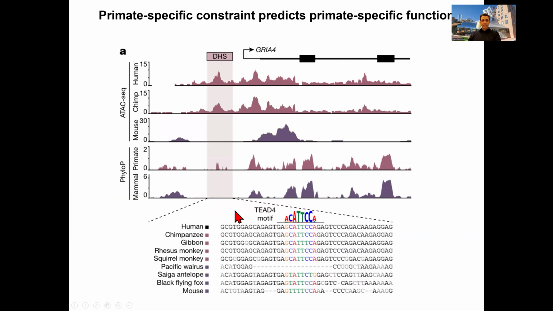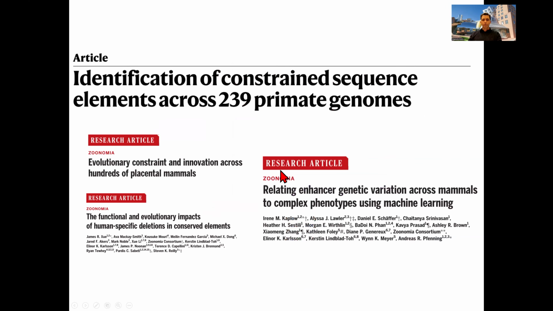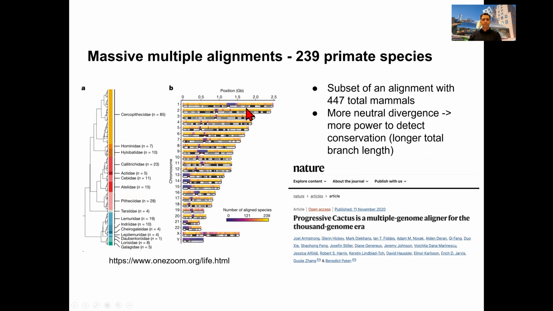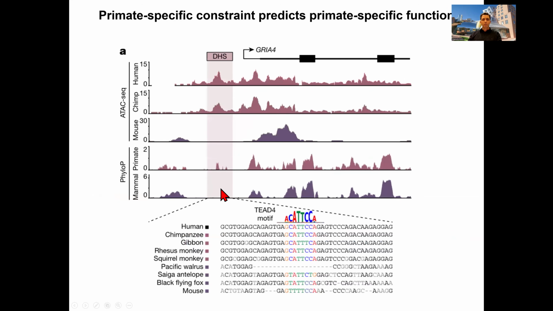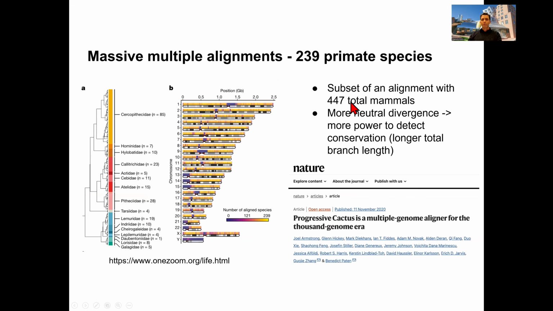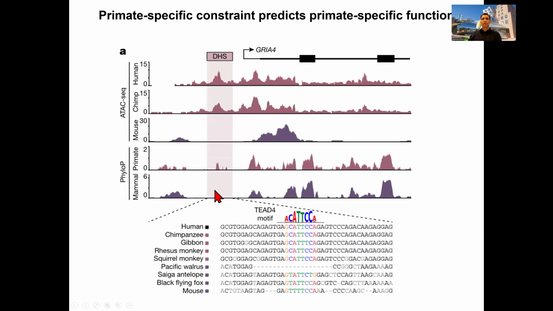And here's one example of a DNA hypersensitive site, which is active in human and it's active in chimp, but completely absent in mouse. And you can basically see here that the nucleotide level constraint in this region shows a blip specifically in the primate alignment of the 200 plus primates, 239 primates, but absolutely no conservation in the 447 mammals outside the primates.